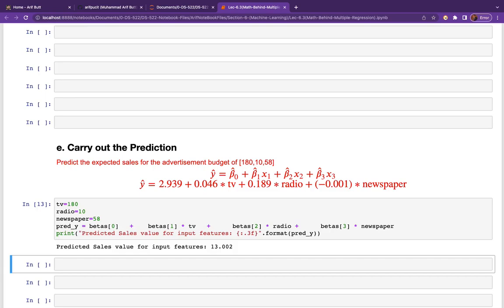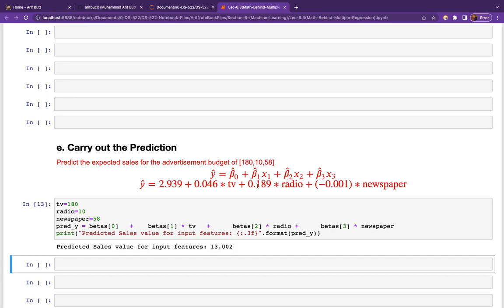So the predicted sales for this feature vector, that is 180, 10, 58, is 13.002. That is, if you spend 180,000 rupees on the TV ads, 10,000 rupees on the radio ads, and 58,000 rupees on newspaper advertisements, you will be able to sell 13 units of the product.